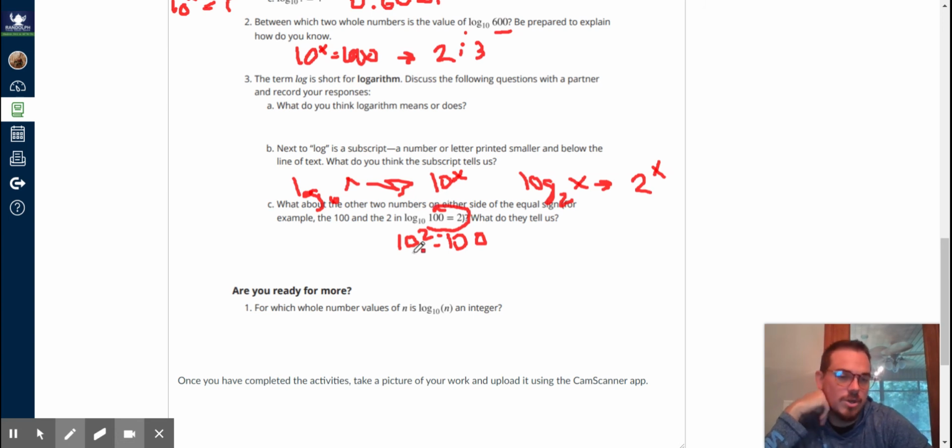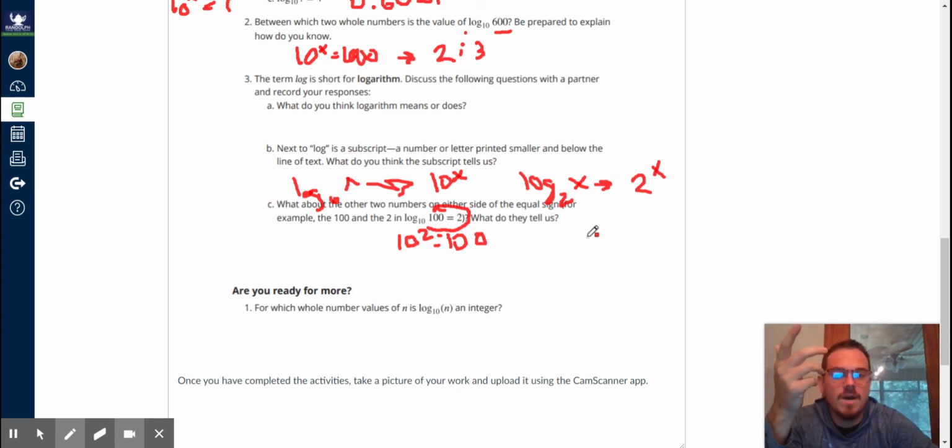Same thing. We could go around the world the other way if we wanted to, but what this tells us is the 2 is the exponent and the 100 is what it equals. Because log 10 of 100 is like, what would we raise 10 to get 100? Well, we'd raise it to 2. So this says 10 squared equals 100. That's the same thing.